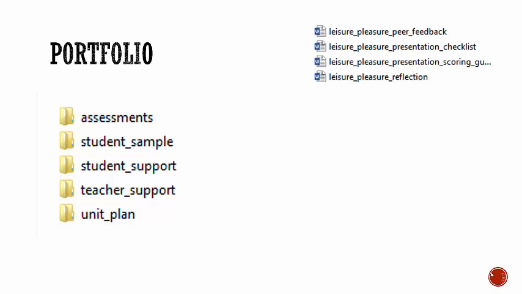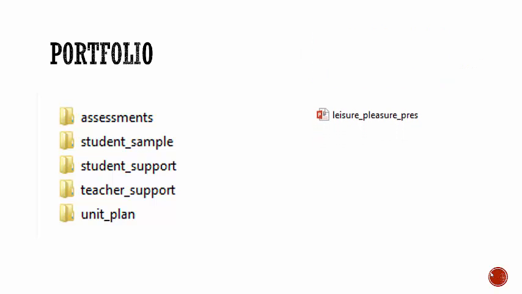In the assessment folder, I have presentation checklist, presentation scoring guide, peer feedback, reflection. I will explain those later. In the student sample, I have this presentation to answer the question, how important are hobbies to people?